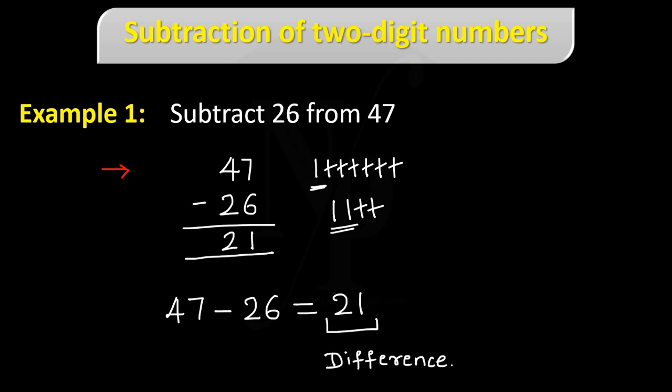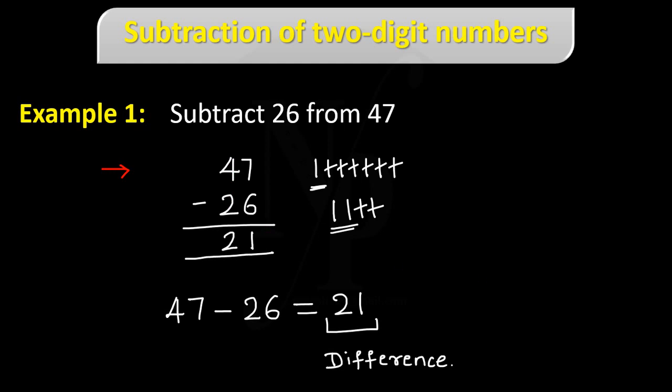Remember this. So like this you can subtract the given number from the other number by drawing standing lines, or you may use your fingers for subtracting the given numbers. First you should subtract the digits at ones place and then you should subtract the digits at tens place.